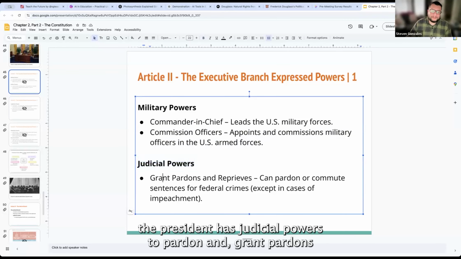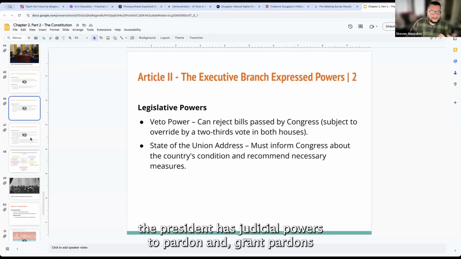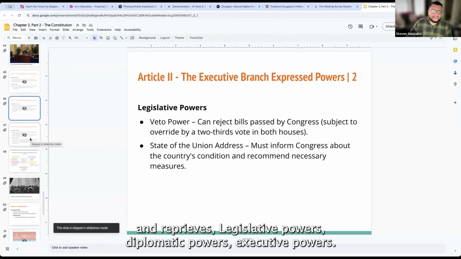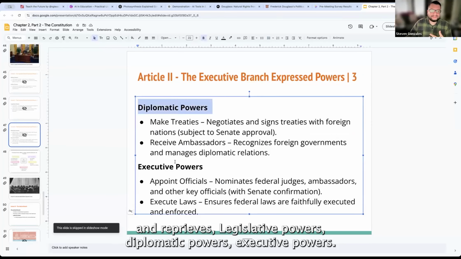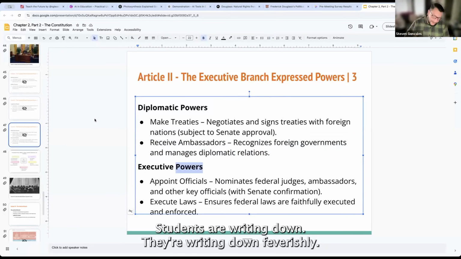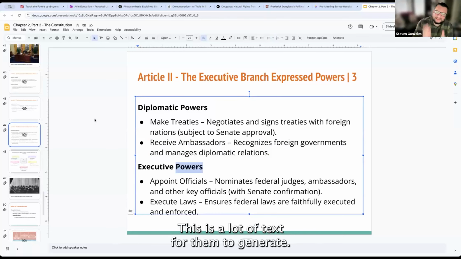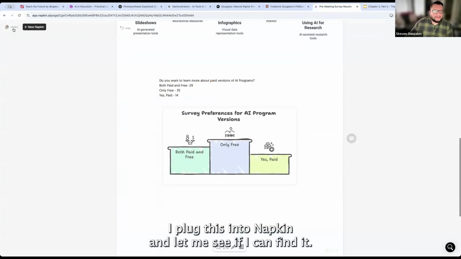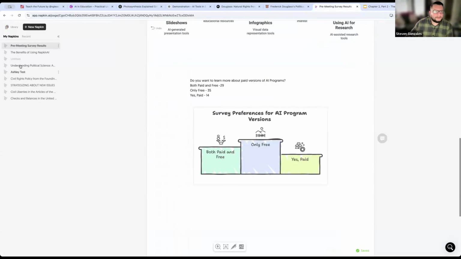The president has judicial powers to grant pardons and reprieves, legislative powers, diplomatic powers, executive powers. When I'm delivering this content, as I'm going bullet point for bullet point, students are writing down feverishly. This is a lot of text for them to generate. I plug this into Napkin, and let me see if I can find it here.